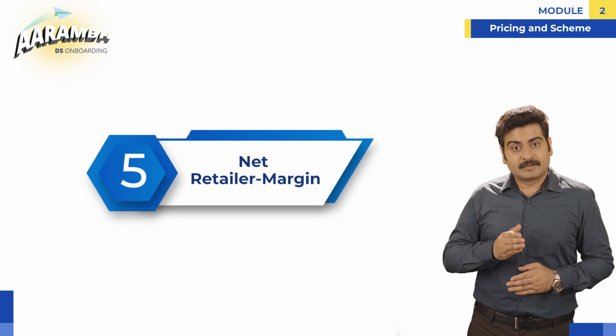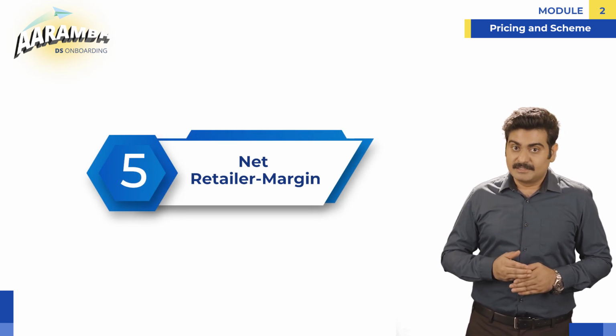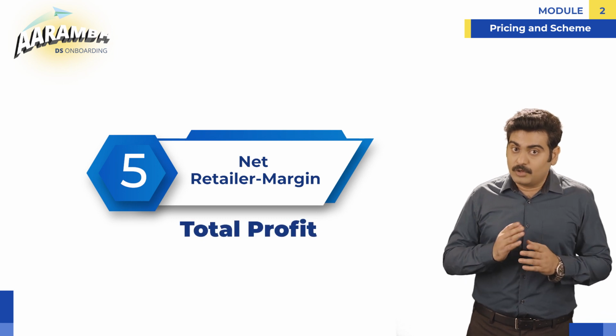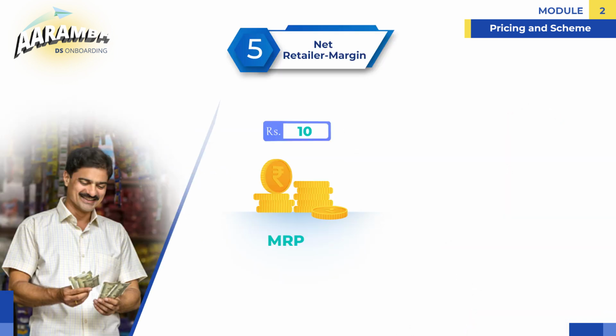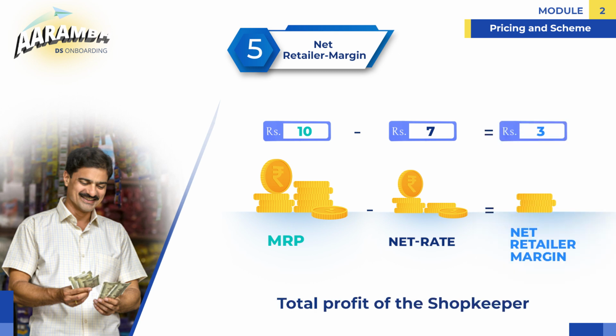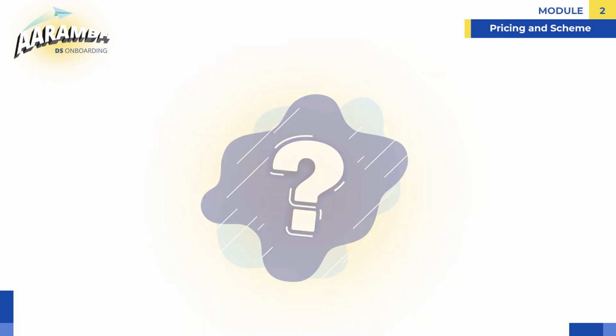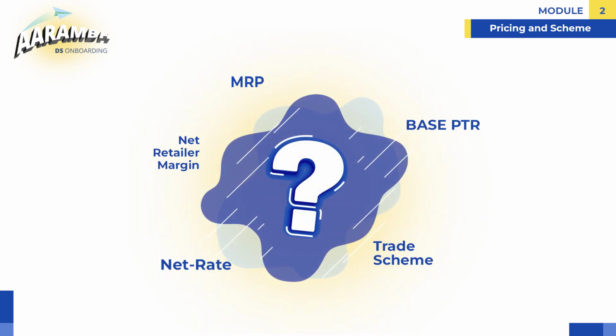Now let's understand net retailer margin. Net retailer margin means the total profit of the shopkeeper. The shopkeeper's net profit is calculated by deducting the net rate from the MRP. This is called net retailer margin. After understanding these 5 pricing terms in detail, let us see how they are calculated.